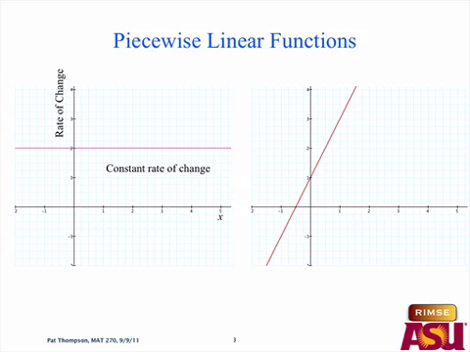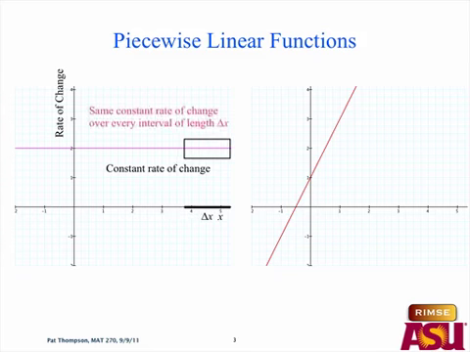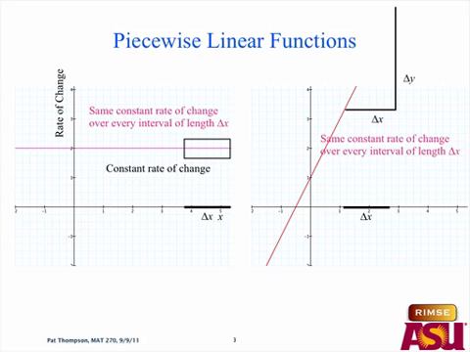So for a delta x interval, no matter what delta x interval you pick, you get the same constant rate over every interval. So it's a different way of showing what we've seen so far, seeing that that constant rate is seen in the relative size of changes in y to changes in x.